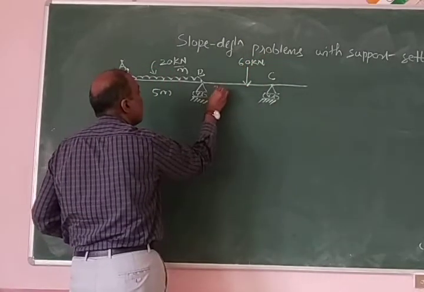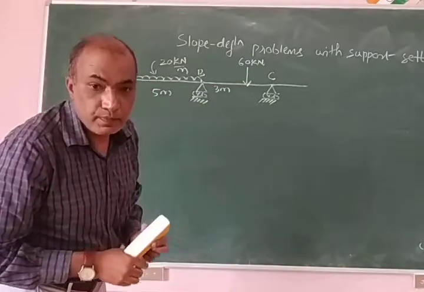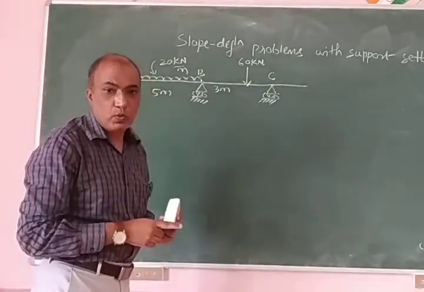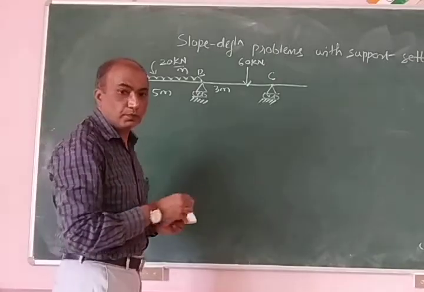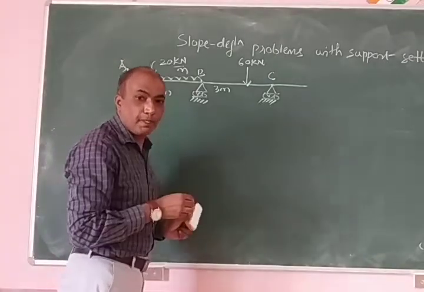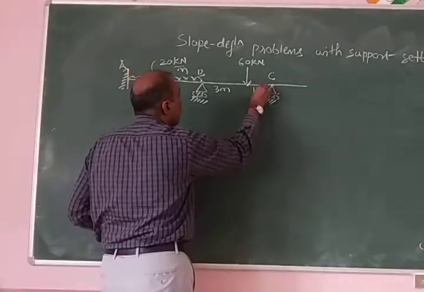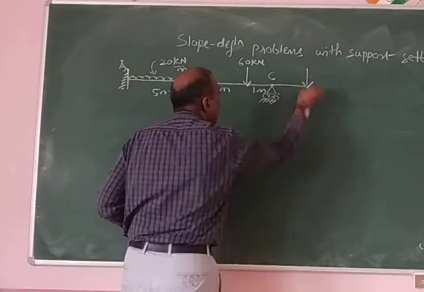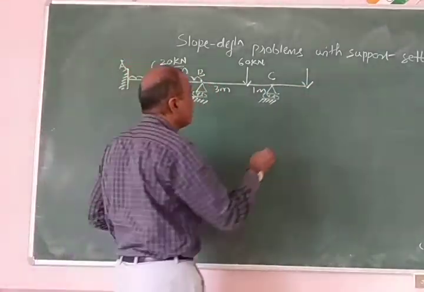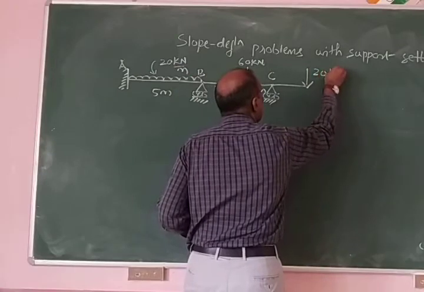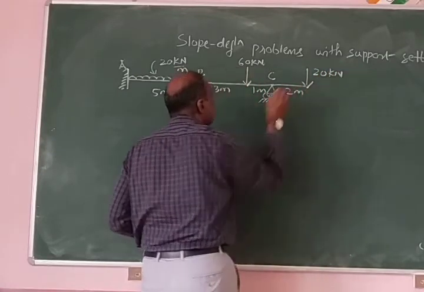This is 3 meter, and this is 1 meter. And there is an external load, that is overhanging load of 20 kilonewton. And this distance is 2 meter.